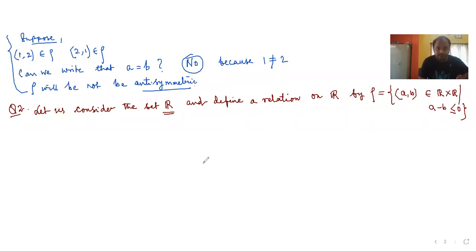Okay. Now let us consider the properties, whether this relation rho is, let me put this as a problem.